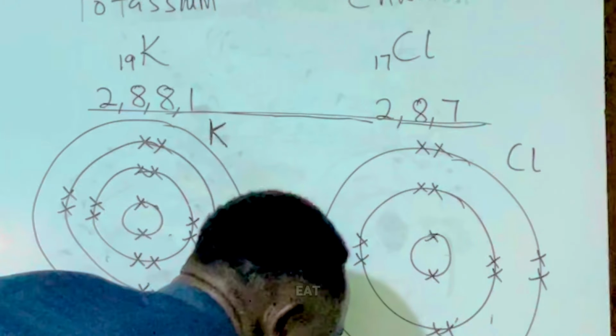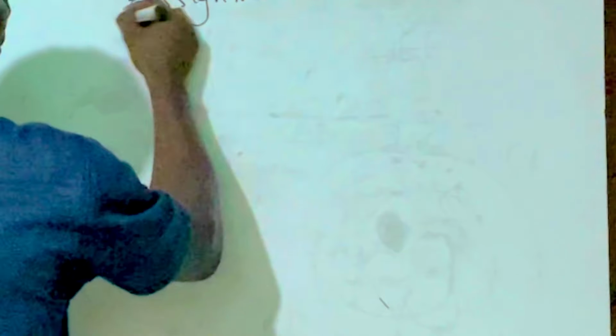So assignment. Draw the bond formation of the following, using their electronic configuration.